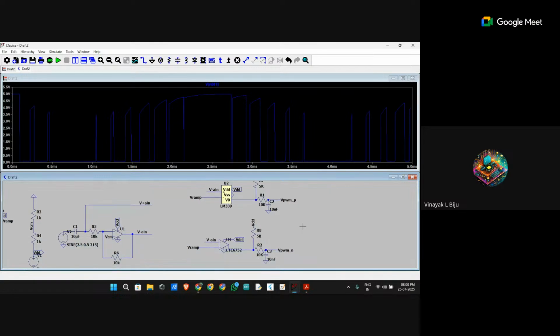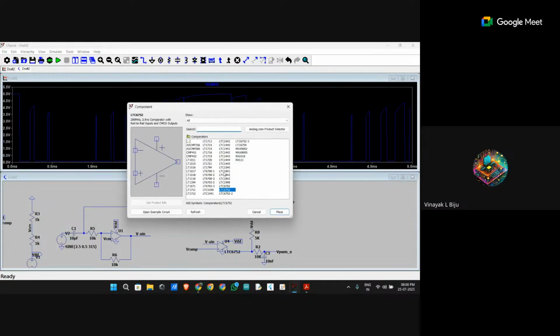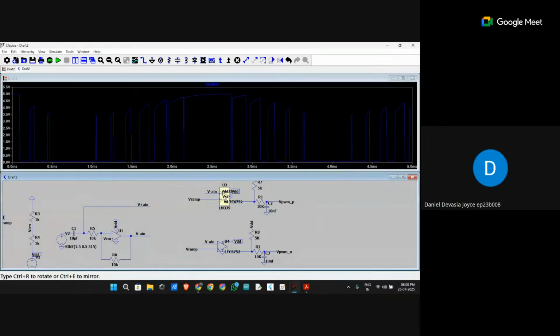Should I change that for LM339 also? Yeah, go for it.